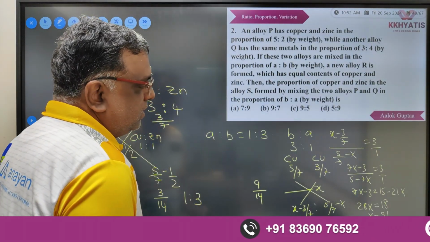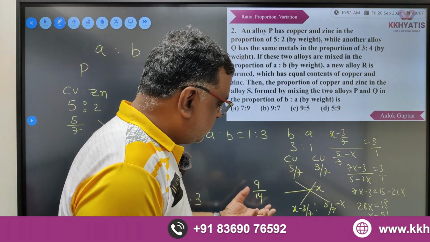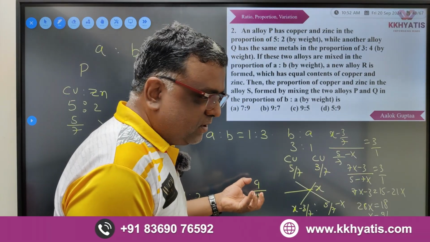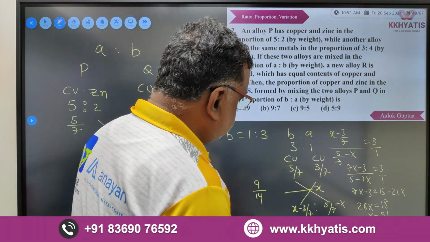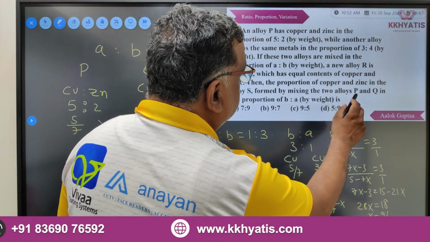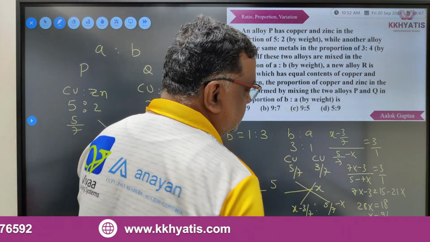Which means the total weight of the mixture is going to be 14, in which 9 is copper. If 9 is copper, zinc would be 5. I have been asked to find the proportion of copper and zinc, so it will be 9:5. So 9:5 is the answer.